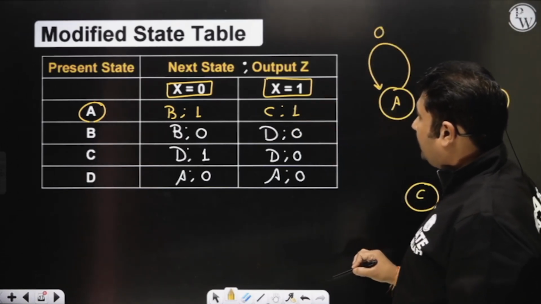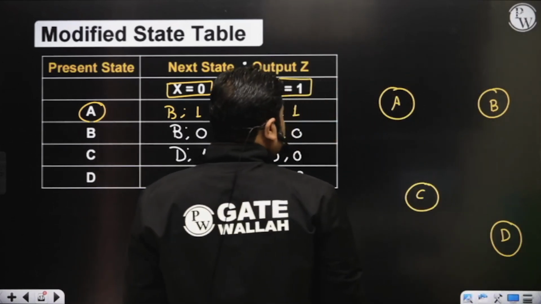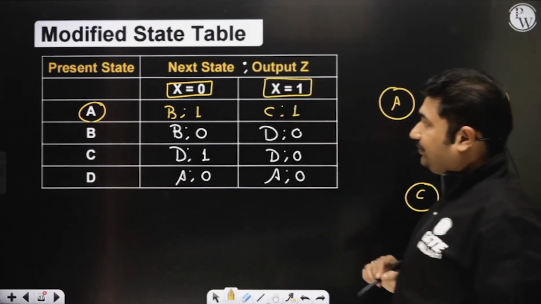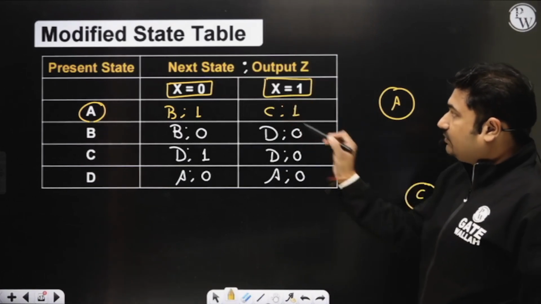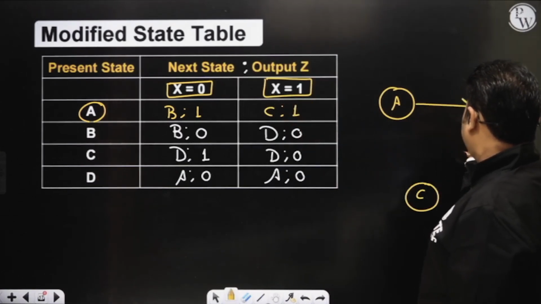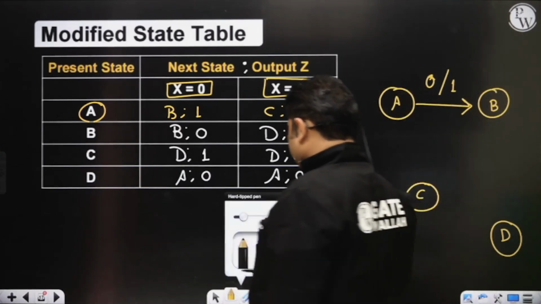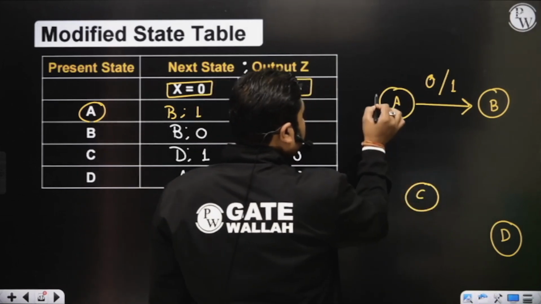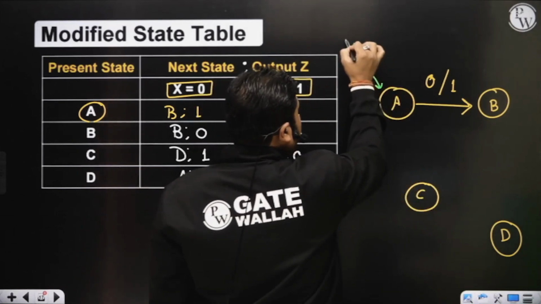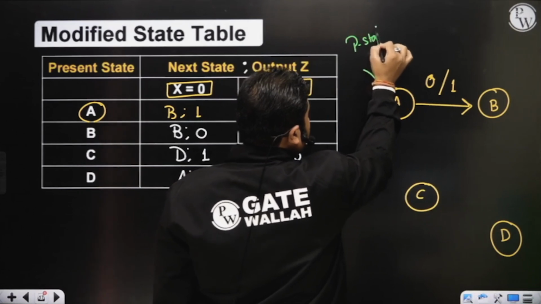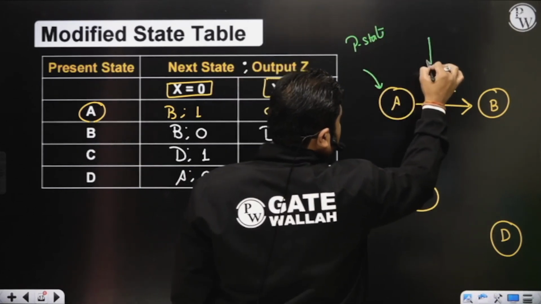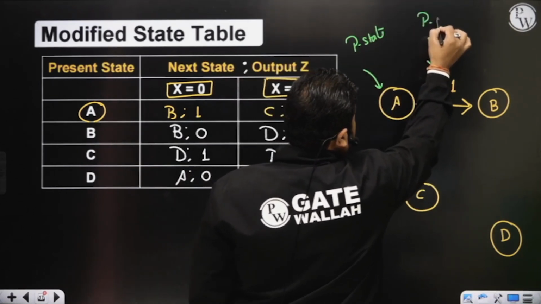It goes to next state B, and the output is 1. So this is representing your present state, and this is representing the present input.